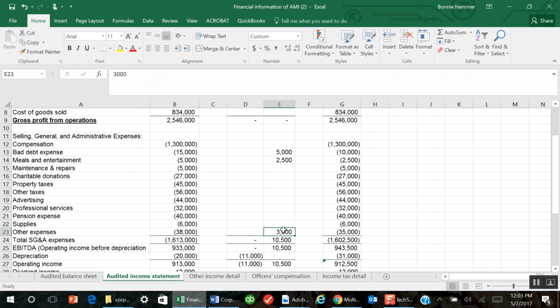Now down here in other expenses, I told you in the information that $3,000 of life insurance premiums were paid during the year on a policy for which the company is the beneficiary. And you know from your reading that those expenses are non-deductible.